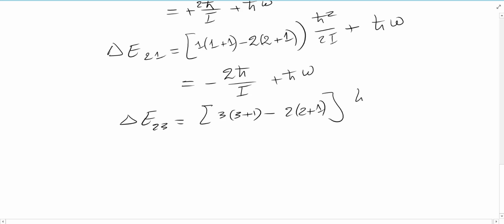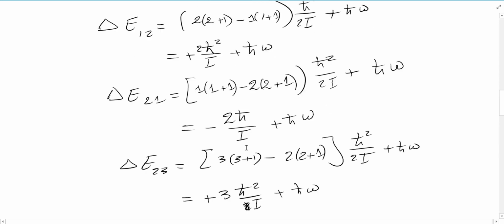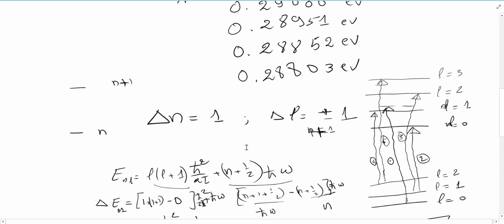And this thing is multiplied by ħ squared over 2I plus ħω. ħω is coming from the vibrations, by the way. So 3 times 4, that's 12, minus 6, that's 6, divided by 2, that's 3. So it's a positive 3 ħ squared over I. I'm sorry, the 2 is cancelled with the 6. Plus ħω. Okay, so this is the highest one. So this is the highest energy. So this is from 2 to 3.